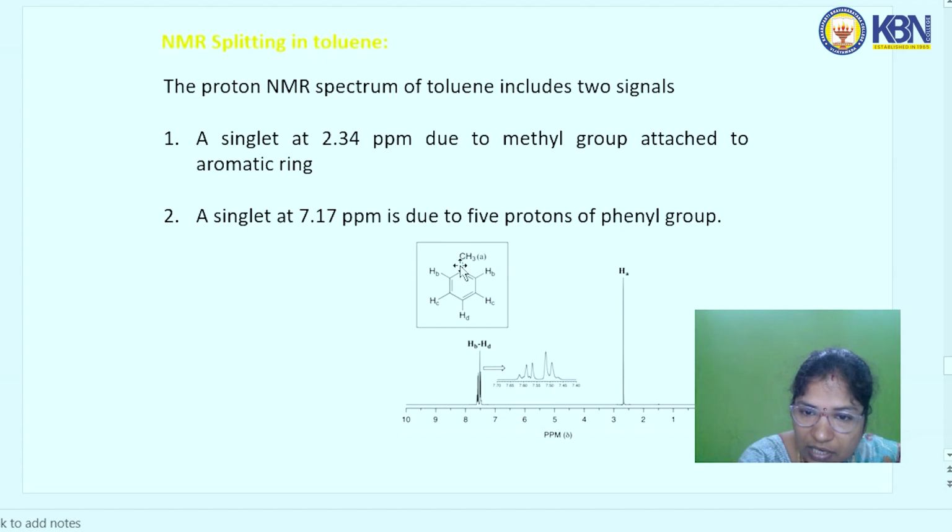So the CH3 number of neighboring protons is 0, and the CH3 group is observed as a singlet at 2.34 ppm. The aromatic protons are observed as a multiplet at 7.17 ppm. In the benzene nucleus, we mostly observe signals at 6.5 to 7.5 ppm on the NMR scale.